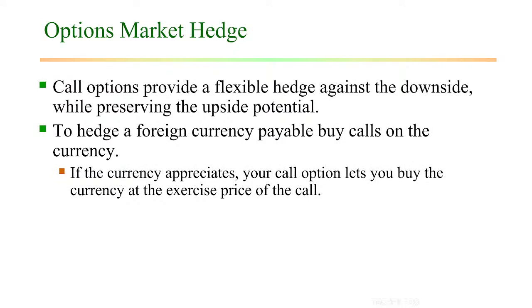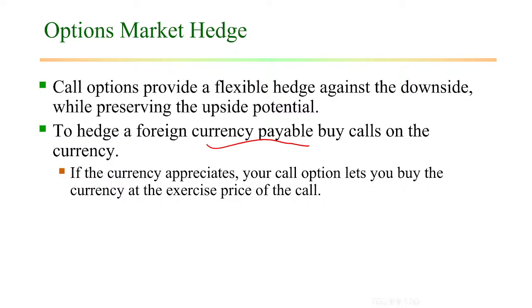And we could use call options to hedge foreign currency payables. We buy calls on the currency. If the currency goes up in value, then the call option will be in the money, and we will be making money off the call options.